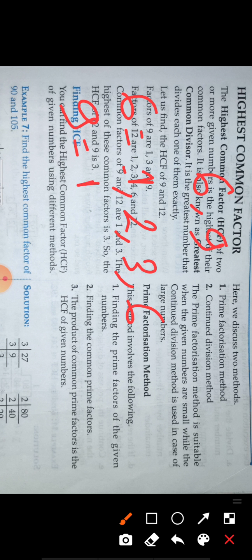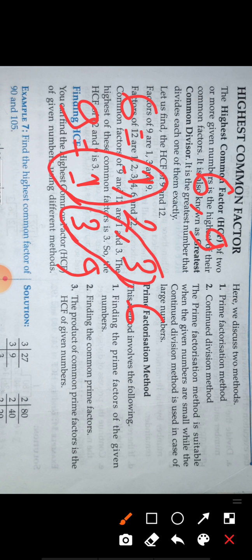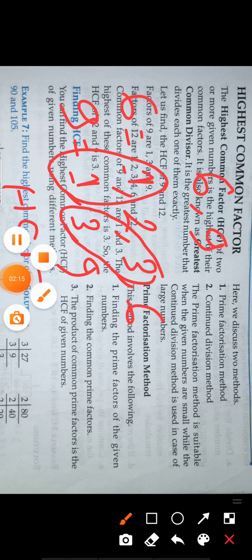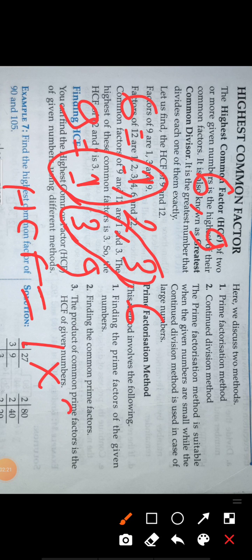The factors of 9 are 1, 3 and 9. So what are the common factors here? 1 is common and 3 is also common. So highest common factor is equal to 1 into 3. That means HCF of 6 and 9 is equal to 3.